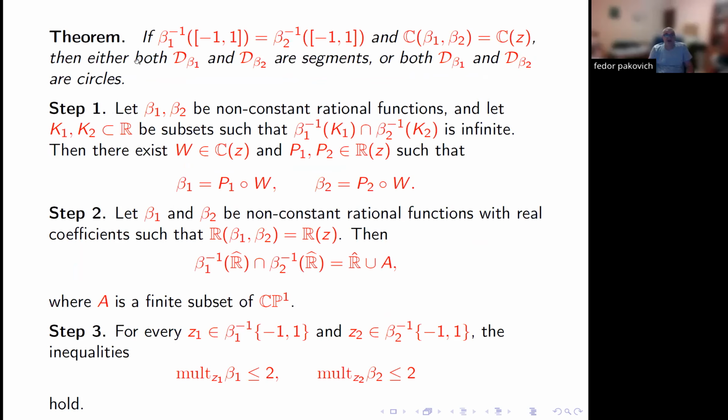But now, how to prove this theorem? We have just three steps. First, we can use the above theorems. They are more precise because they give you some bound, but we don't need this bound. We just have to know that if this set is infinite, then you can compose it with some W and some Blaschke product. This is true because it's just part of your lemniscate.